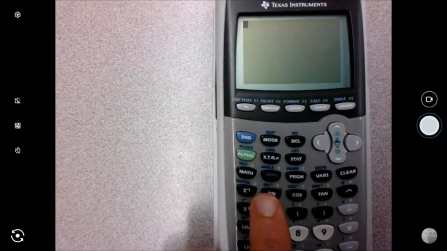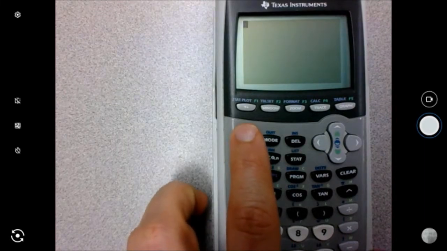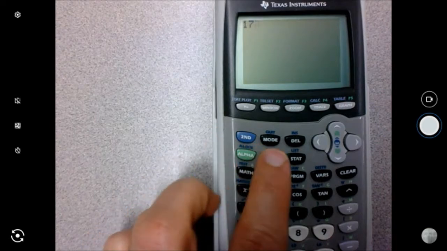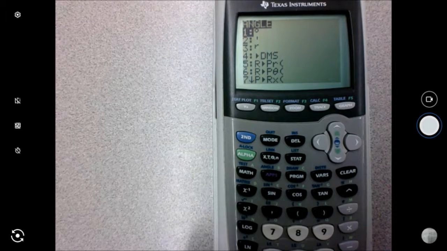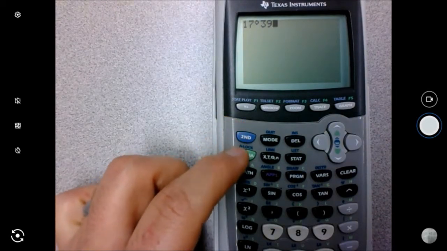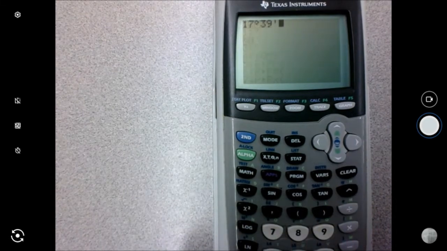On the graphing calculator, here's what that looks like. I'm going to go to, see where it says angle there, above there, it's in blue. At least on mine it's blue. So if I do second, let me type the 17 first. So if I do second and then that angle button, this is where I can find my degrees and my minutes and my seconds. So 17 degrees, 39 minutes, and 22 seconds.